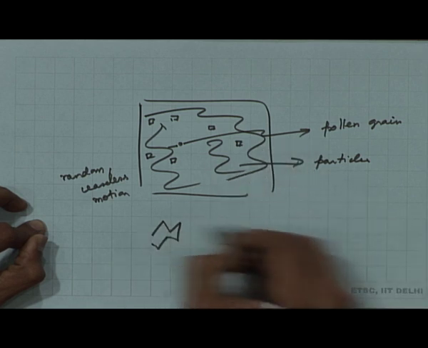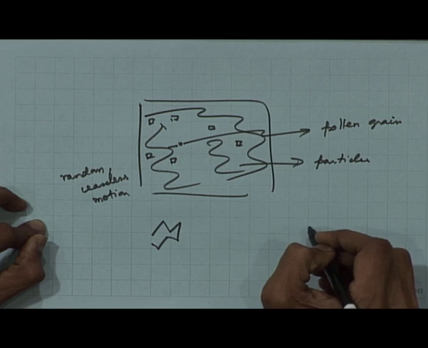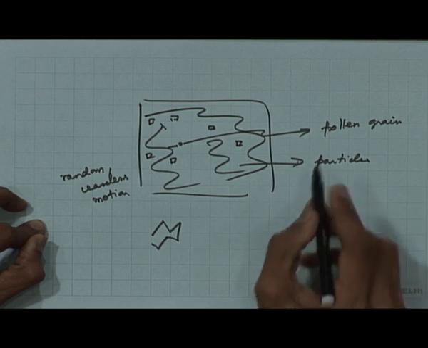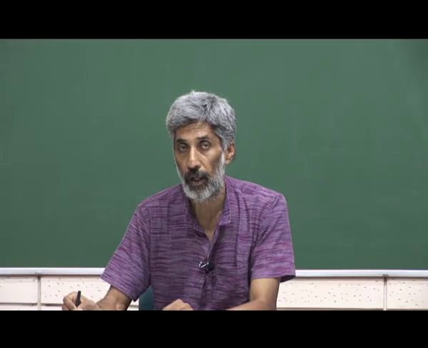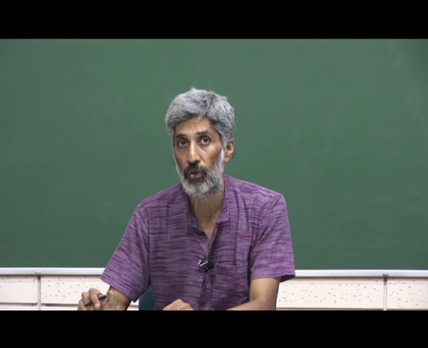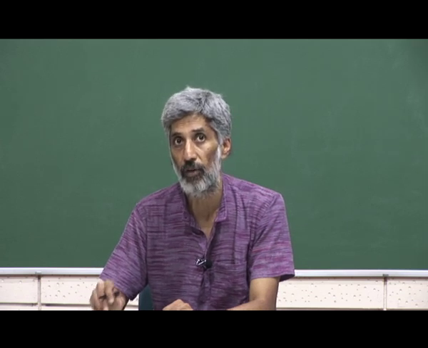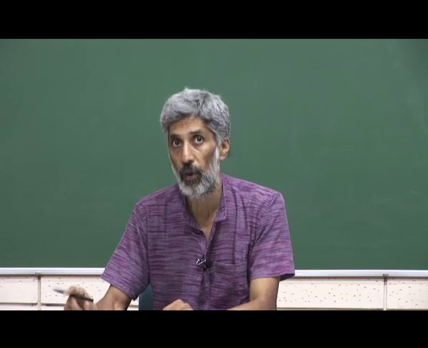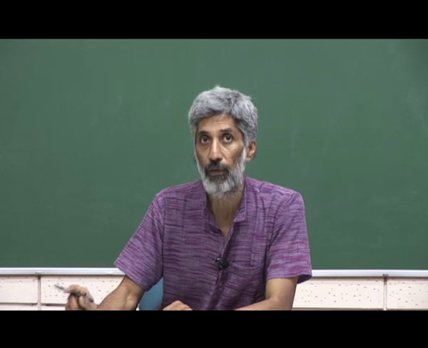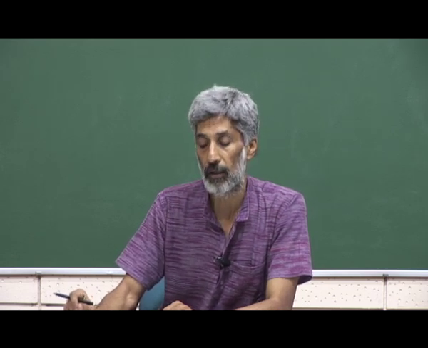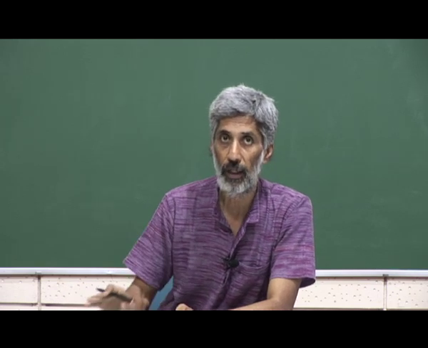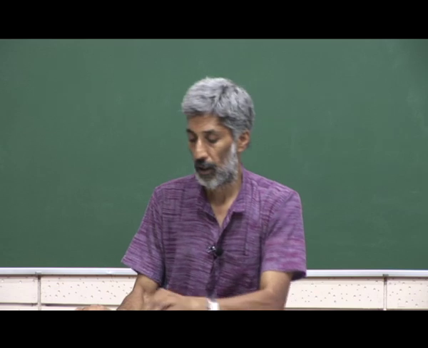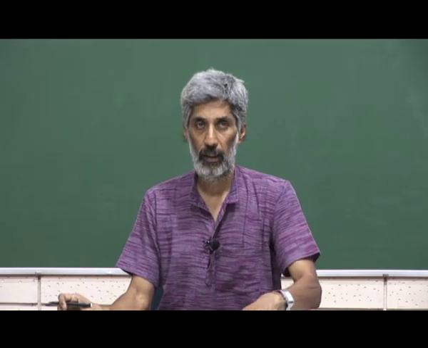So, this translational diffusion due to Brownian motion is related to the diffusion constant D and the time that you followed. And through a very simple Stokes-Einstein relationship, you can relate the diffusion constant to the size of the molecule. So, this is one kinetic property that is easily followed in colloidal particles. We have come across two of them so far, one optical property and one kinetic property. The other thing that we will look at is, what did we say?